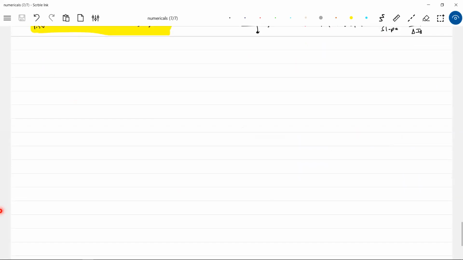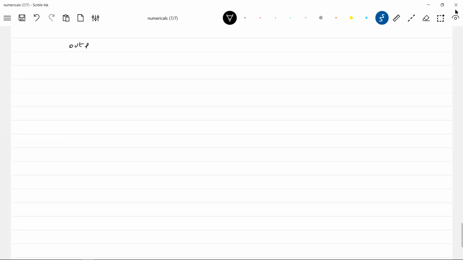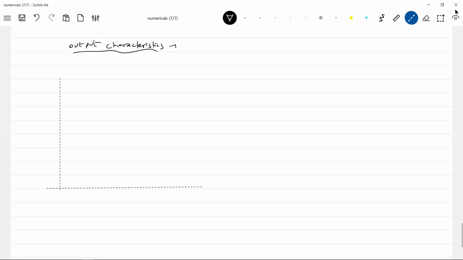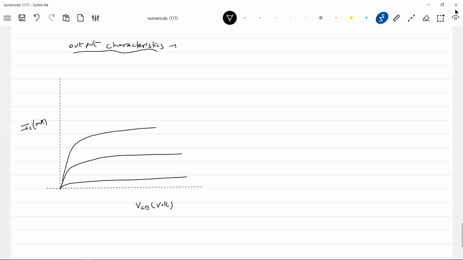So the output characteristics, for different values of IB, 10 microampere, 20 microampere.